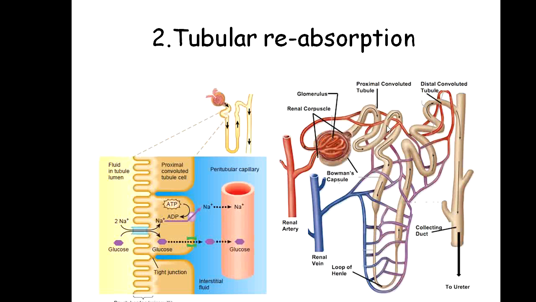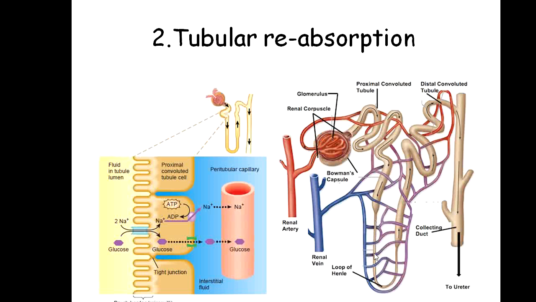In the cortical region, the osmotic pressure around this convoluted tubule is very low, while as it goes downward, the osmotic pressure around this tubule goes very high. If the osmotic pressure in the proximal convoluted tubule over here is 300, the osmotic pressure over here will be 1200. There is a big difference.